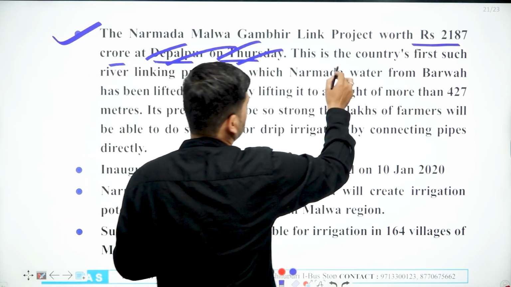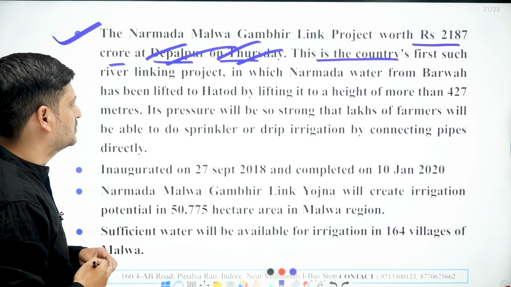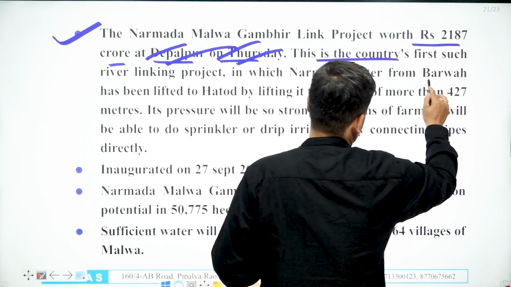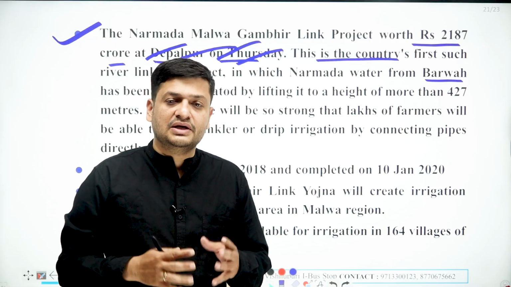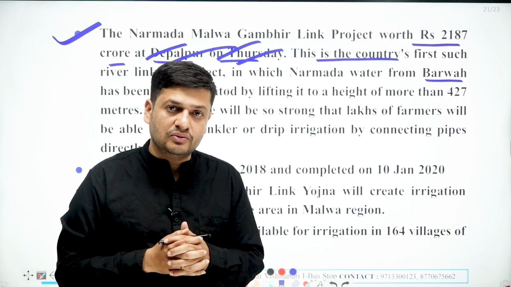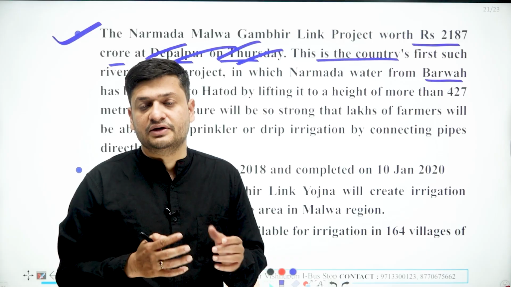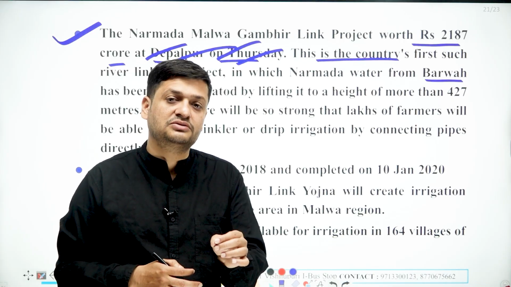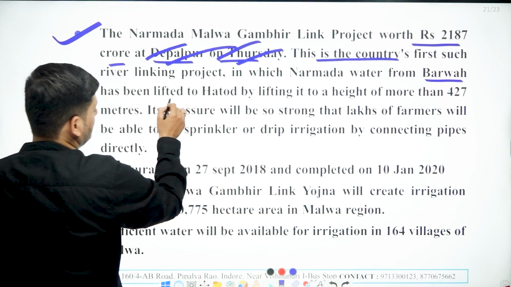Next, in this country it is the first such project where the water has been lifted from Badwa. From the Badwa reservoir, from the Indira Gandhi dam part of the Omkareshwar reservoir, the water has been lifted to Hatod.